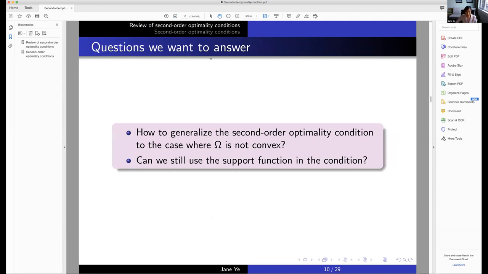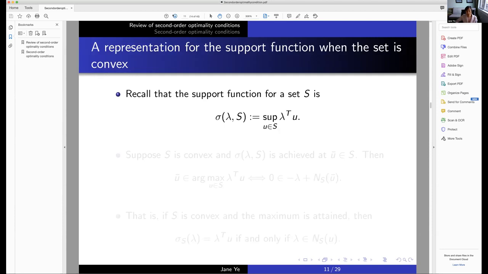The question we want to ask is how to generalize the second order optimality condition to the case where omega is not convex. Can we still use the support function in the condition? First, we can look at the support function.